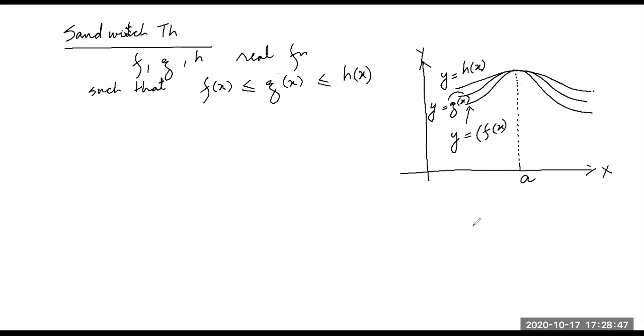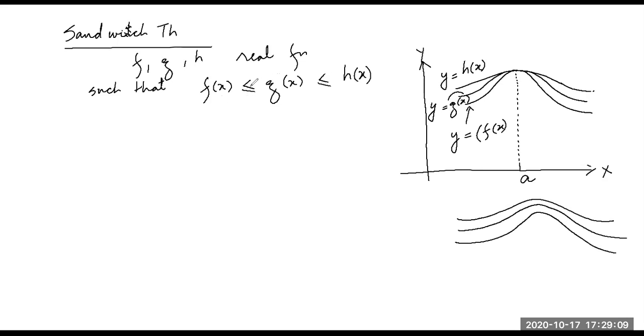See guys, if the curve had been like this, I wouldn't have included the equal to sign. But at this point, they all have the same value, and that is important for me.